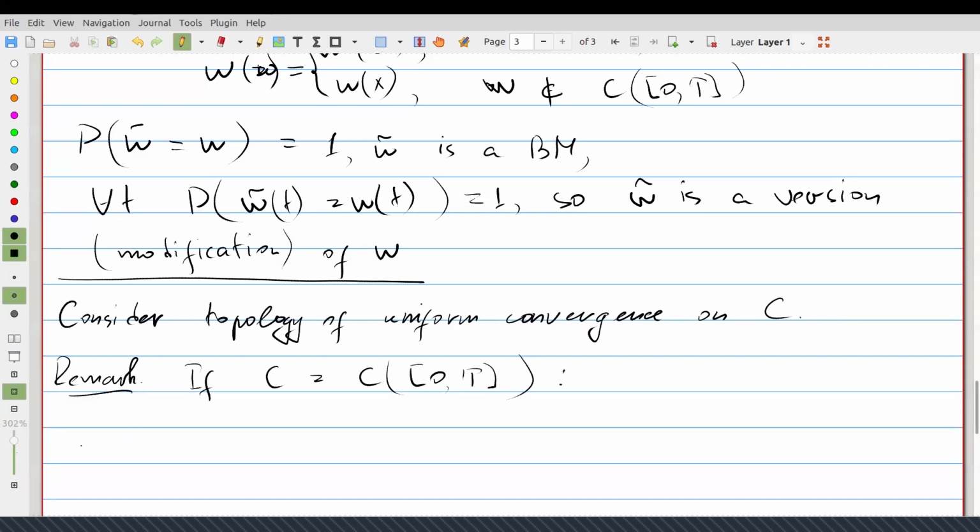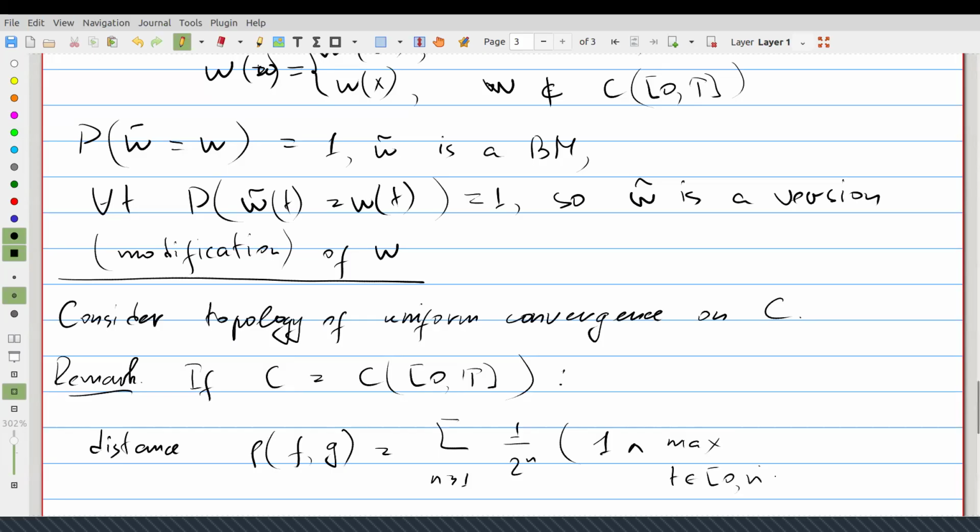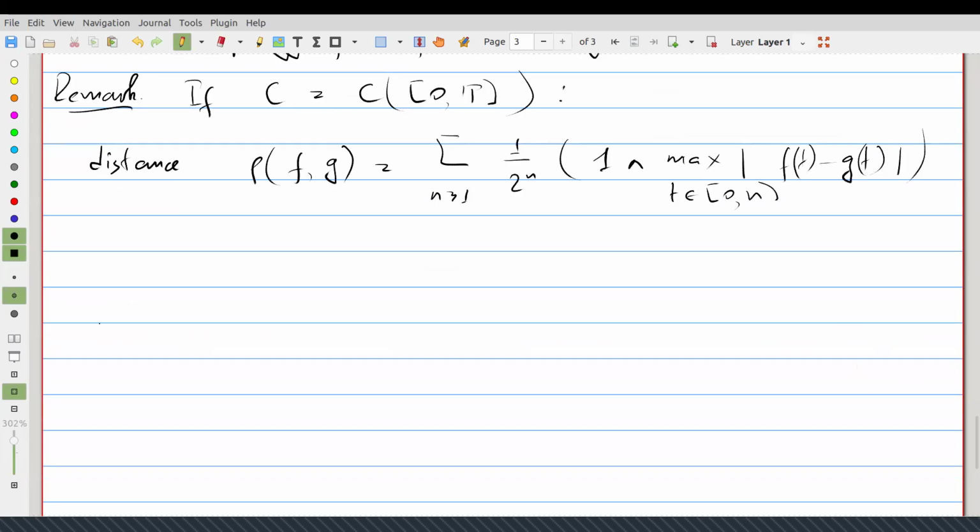So the distance is then given by ρ(f, g) equals the sum over n natural of 2^{-n} times the minimum of 1 and the sup distance over [0, n] of f minus g. C is a complete space with respect to this topology.